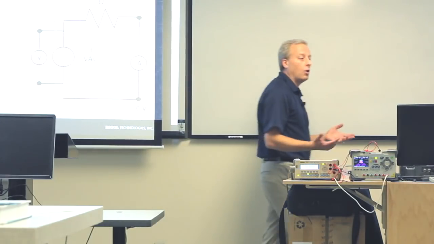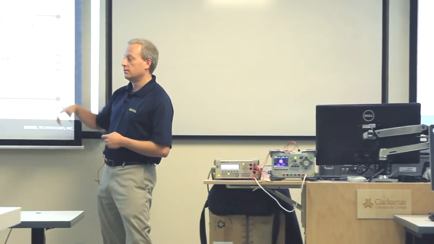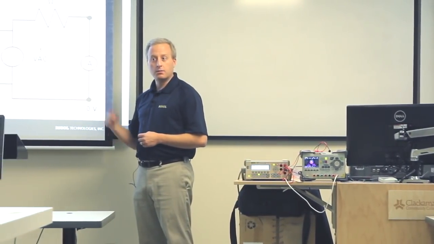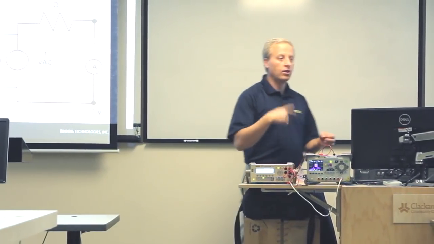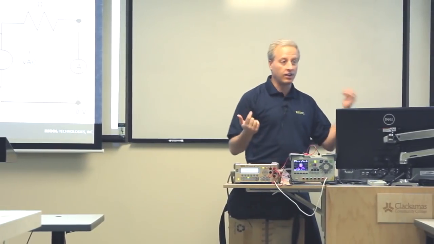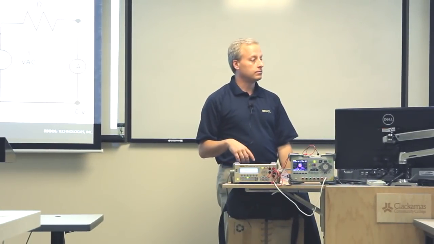And typically when a DMM makes resistance measurements, it does that by sourcing a small current and then measuring the voltage. So it does both things. It knows how much current it's sourcing internally, so it's able to make the resistance calculation we just did by itself.